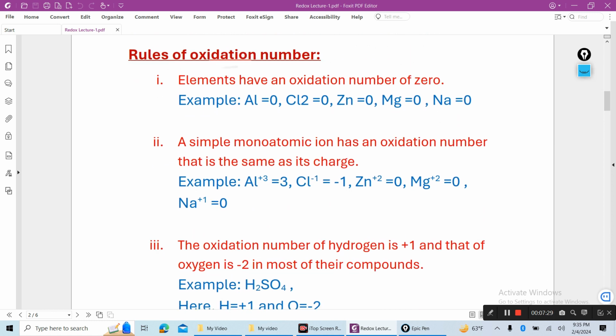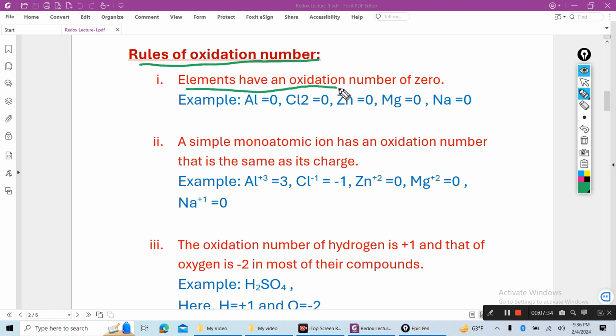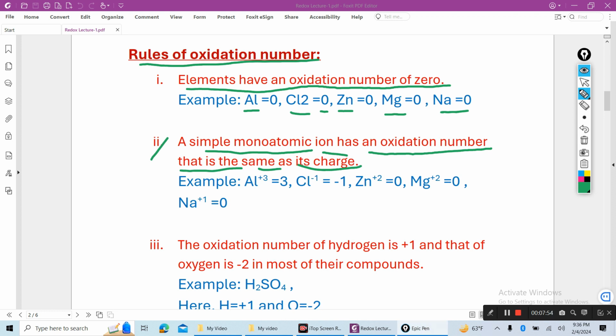So rules of oxidation number: elements have an oxidation number of 0. Aluminium is an element 0, chlorine 0, zinc 0, magnesium 0, sodium 0. Rule 2, a simple monoatomic ion, meaning single atom, has an oxidation number that is the same as its charge. Aluminium 3 plus, oxidation number will be +3. Chloride -1, zinc 2 plus, +2.